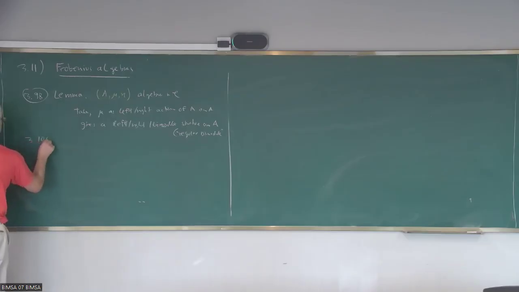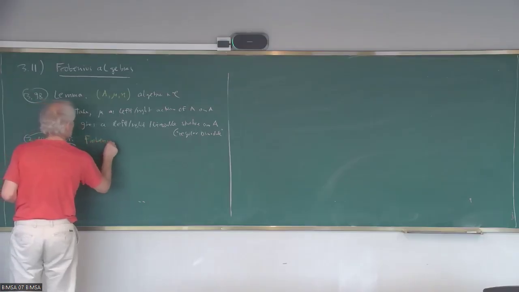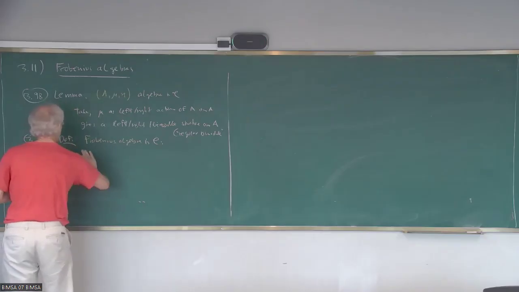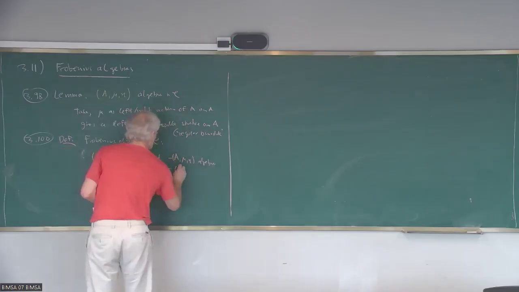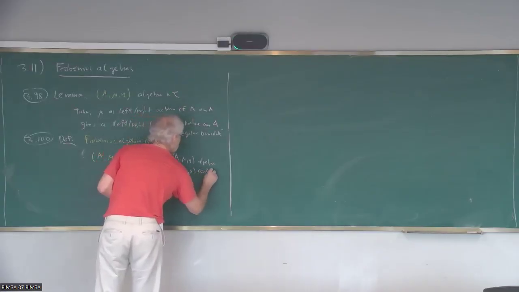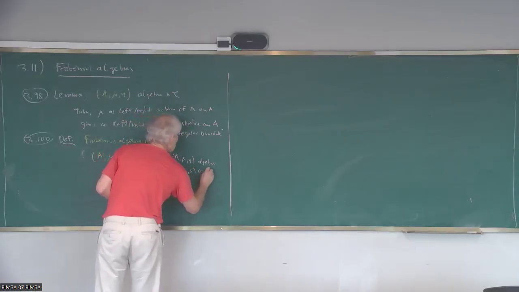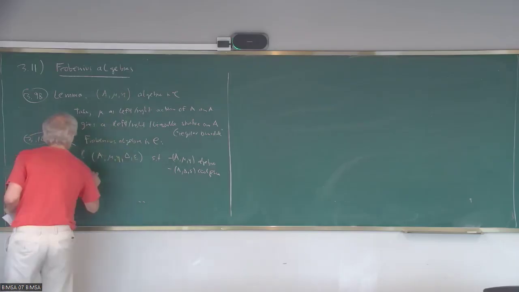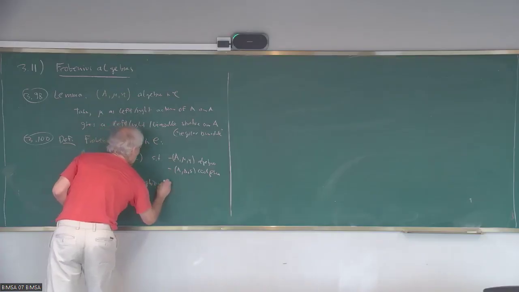And now I use this fact in the definition of what is a Frobenius algebra in C. This is a quintuple (A, mu, eta, delta, epsilon), such that (A, mu, eta) is an algebra, (A, delta, epsilon) is a co-algebra in C, and the co-product and co-unit are morphisms of A bimodules.